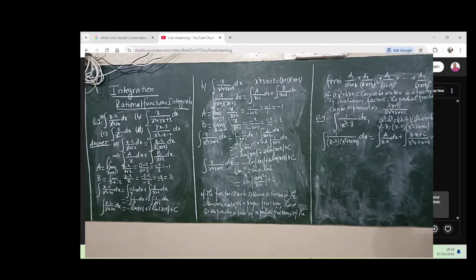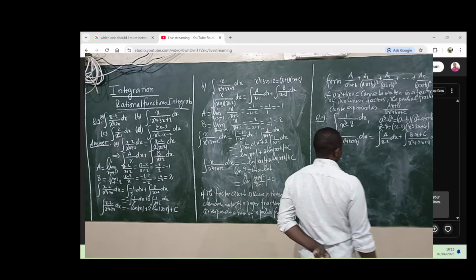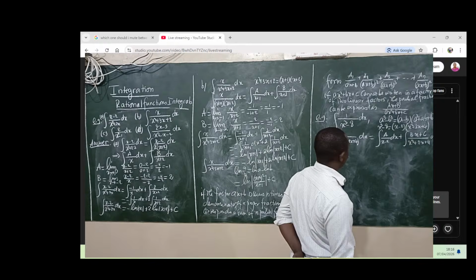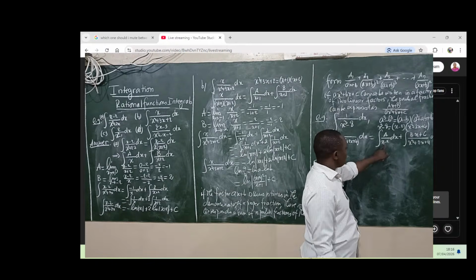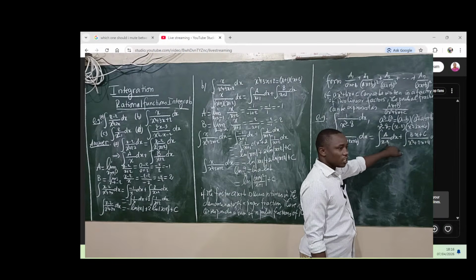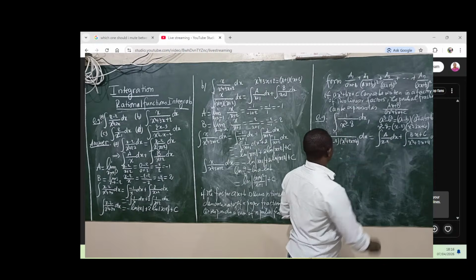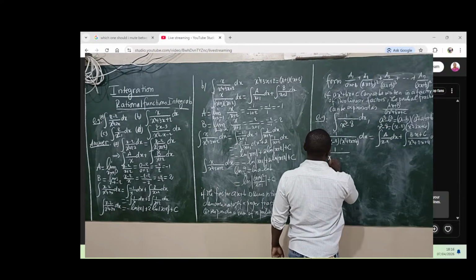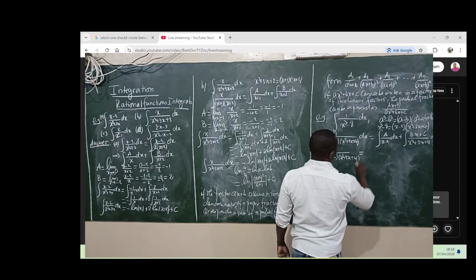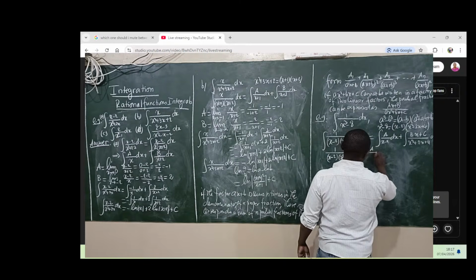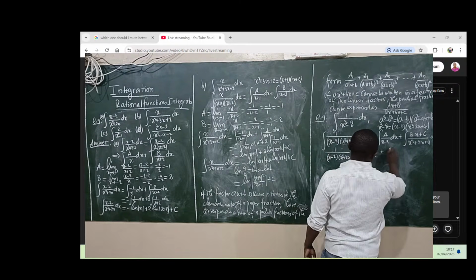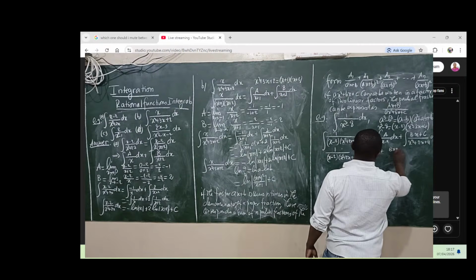Now, as I told you, because here we can find x is 2, we need to have 1 by (x minus 2)(x squared plus 2x plus 4). This can be A by x minus 2 plus bx plus c divided by x squared plus 2x plus 4.